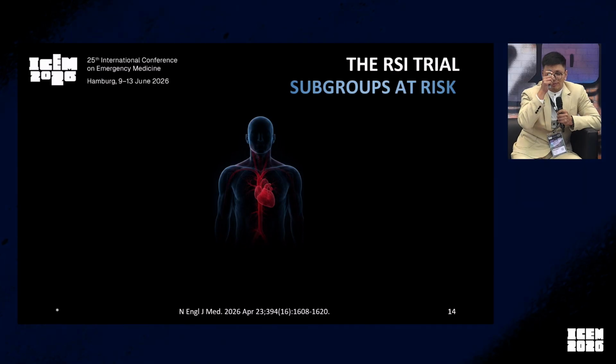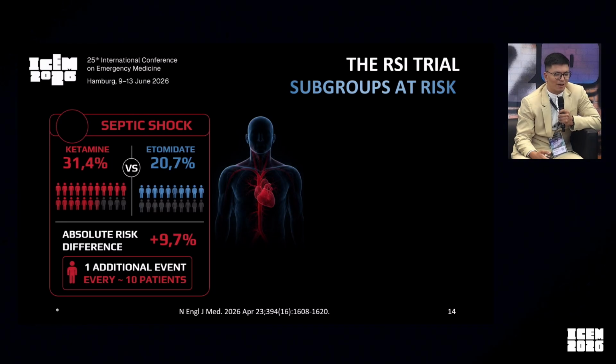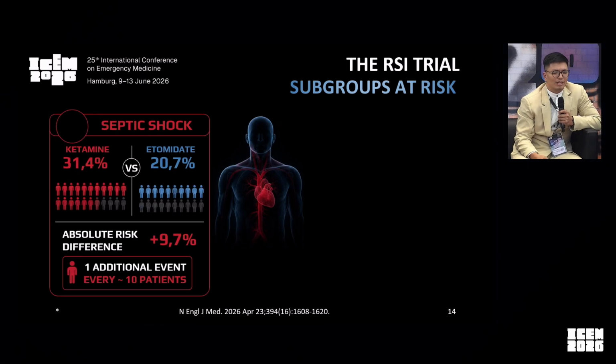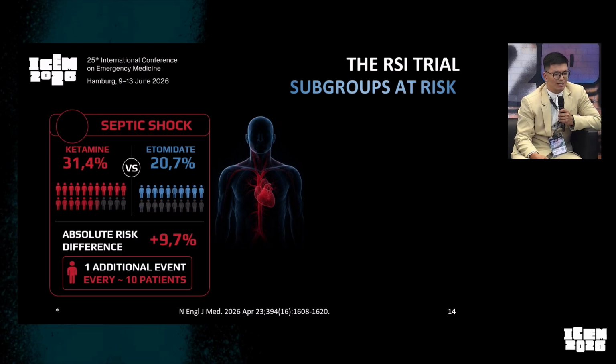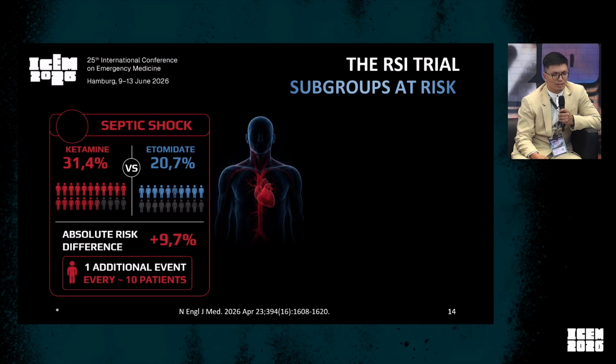So try to analyze these findings by subgroups at risk. We can find that in septic shock, look at that difference. There is an absolute risk difference of around 9% or 10%, an additional event for every 10 patients. So the number needed to treat decreased from 20 to 10 in septic shock patients.